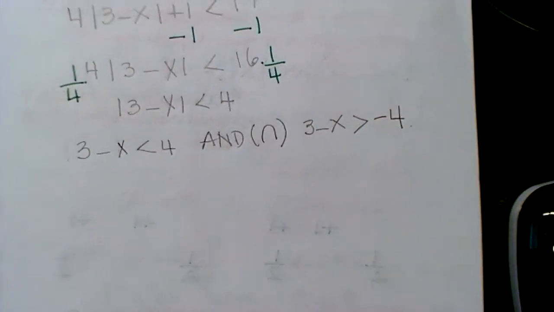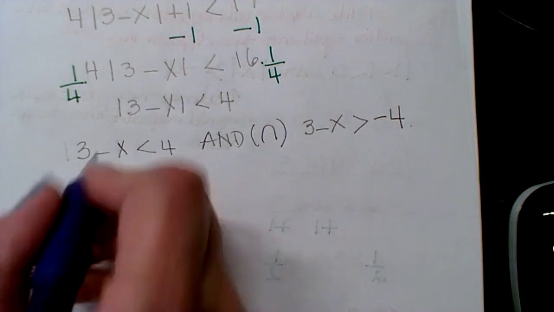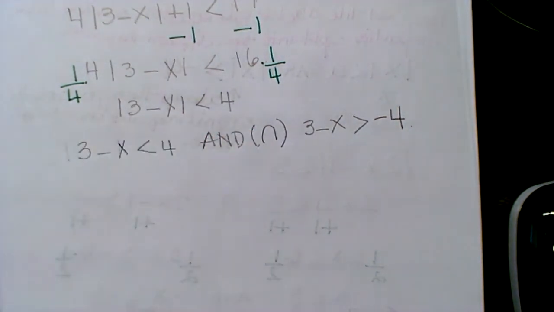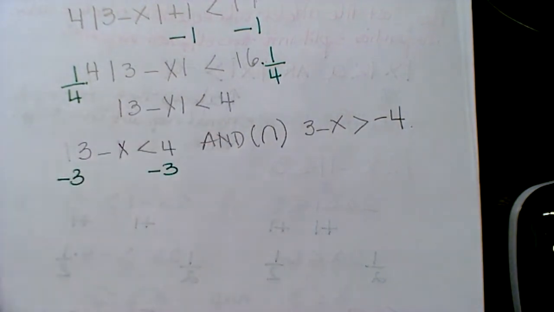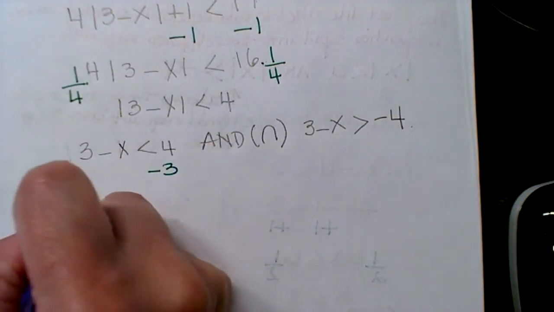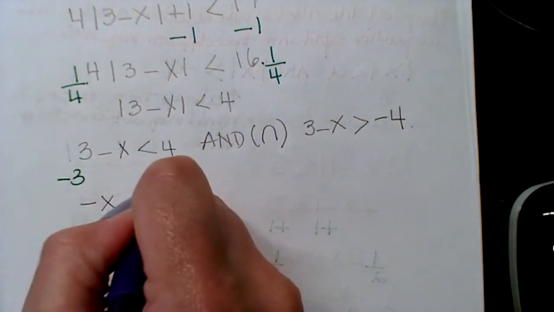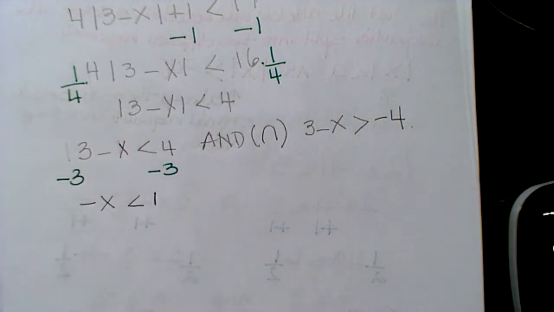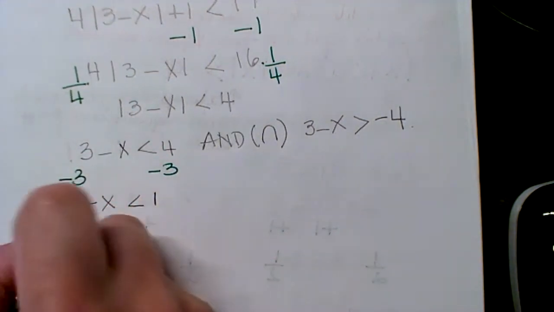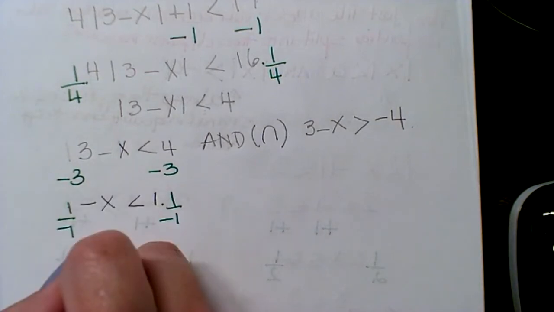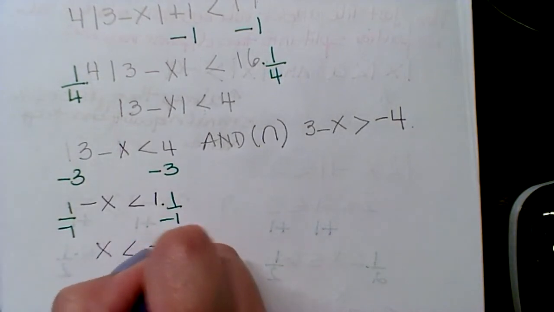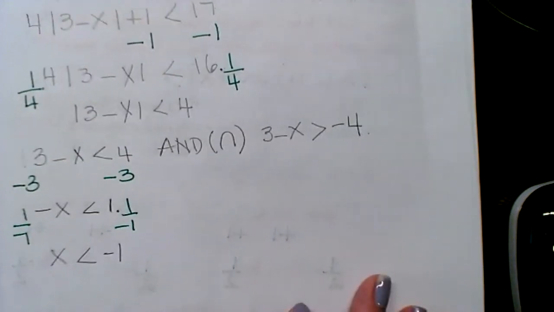Now, let's solve it. So what do we do here? Let's make a 1. So this is going to be negative x. This is going to be 1. And we're going to multiply by the reciprocal. So we have x less than negative 1. That's one answer on one side.